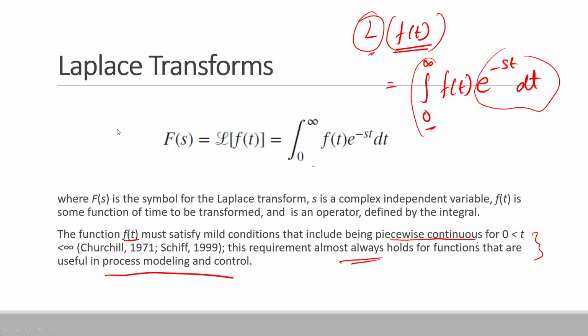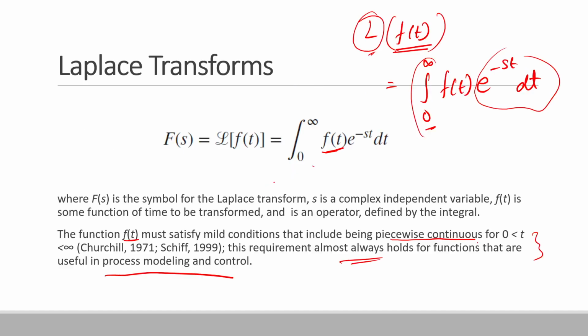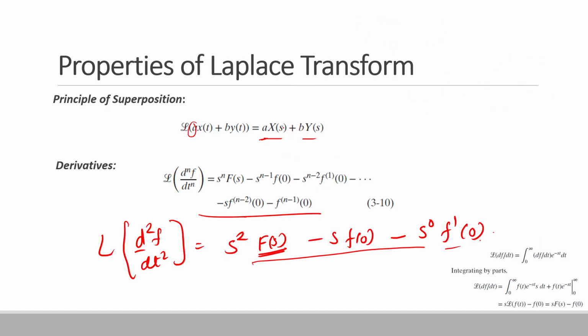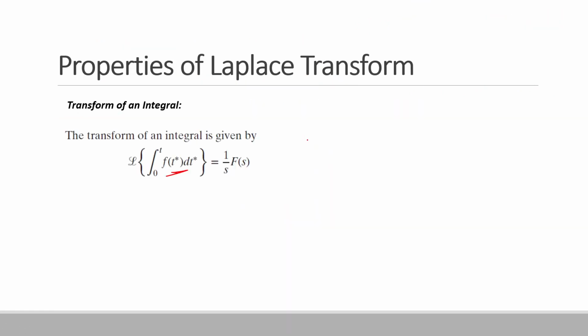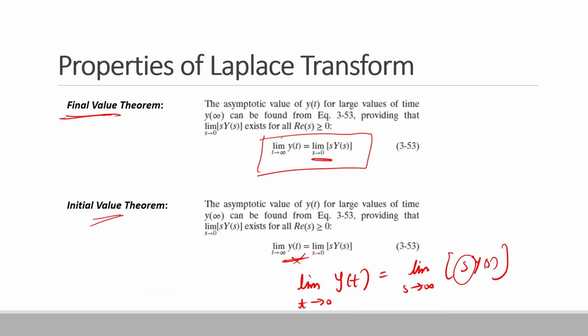Laplace transform was defined as an integral, that is the integral of the function whose Laplace transform we want to find, multiplied by e raised to minus st dt, bounded from 0 to infinity. Using this simple formula, we calculated Laplace transforms of basic functions and generated a table that we can use directly.